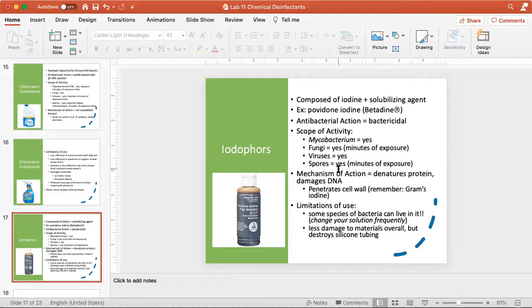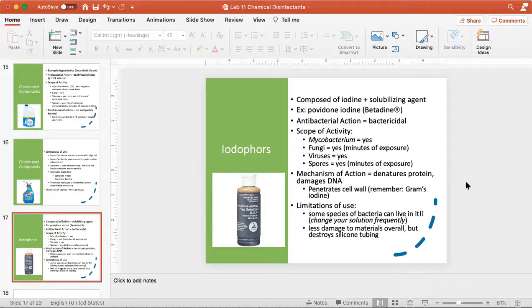Now, similar to alcohol, iodophores are going to damage protein by denaturing it, by unfolding it. But iodophores also damage DNA. They get in through the cell wall, they unfold proteins, and they damage DNA. Remember, we said there's a chemical called Gram's iodine, right?